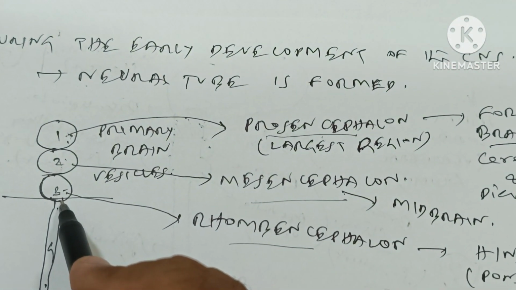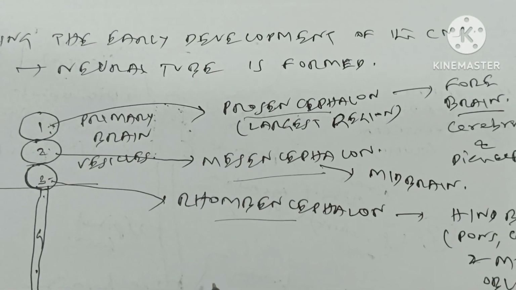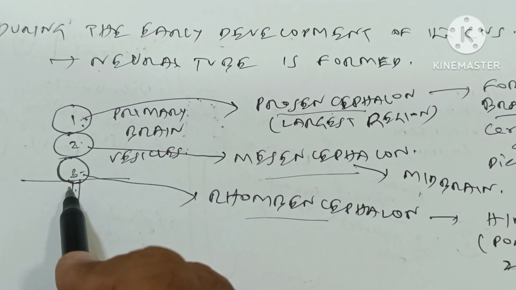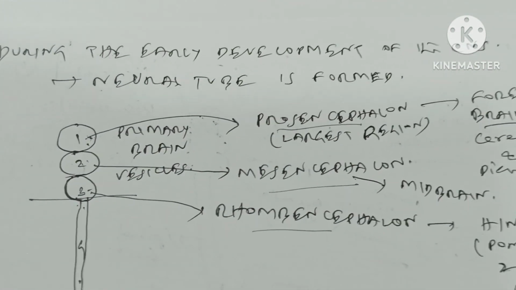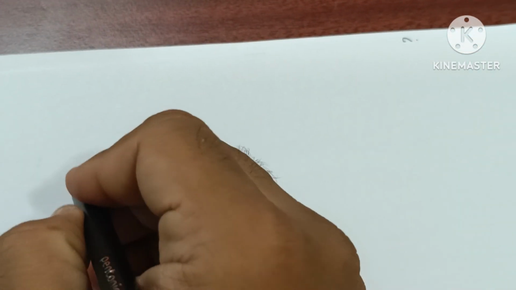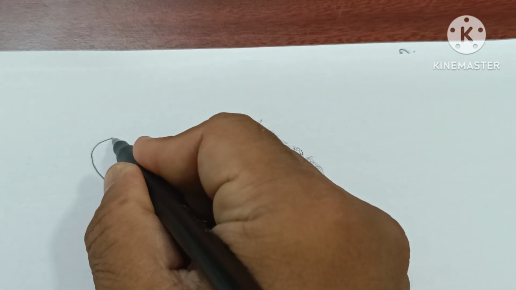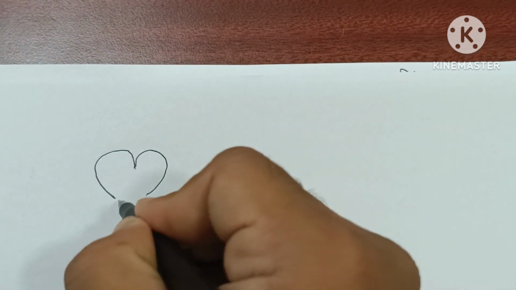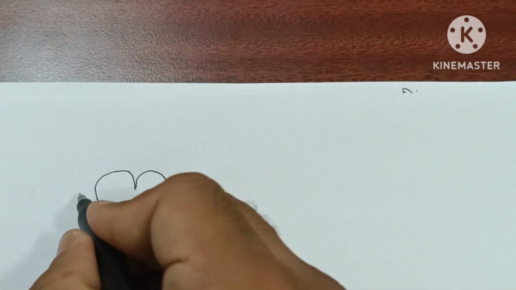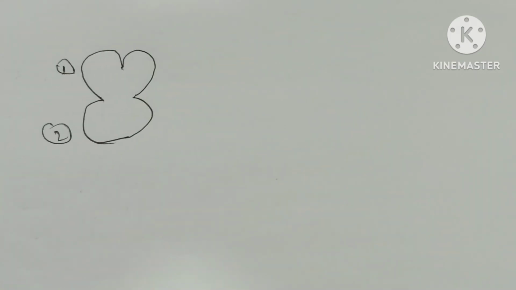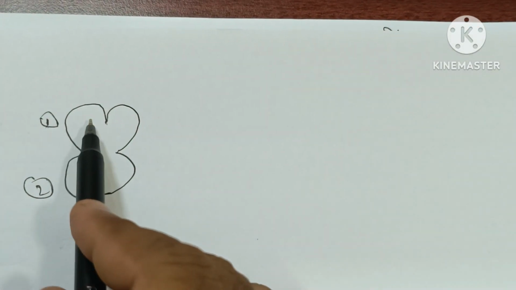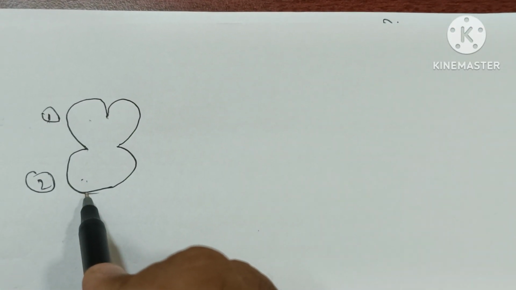Now, with the development of the neural tube, these 3 primary brain vesicles get converted to 5 secondary brain vesicles. How? Let us see. The first primary brain vesicle, the prosencephalon, gets divided into 2 secondary brain vesicles.